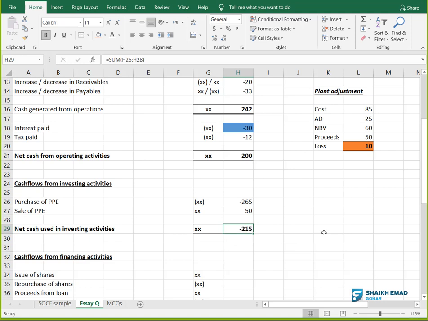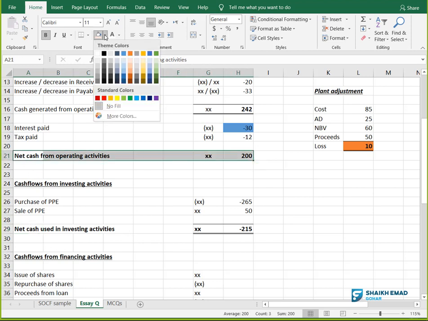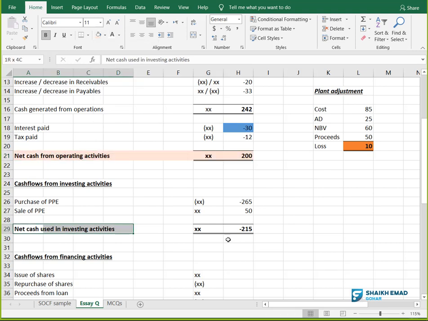And this is our answer, minus 215. Minus, right? That's why I call it net cash used in investing activities. Okay. So this is the first one. And this is the second one.